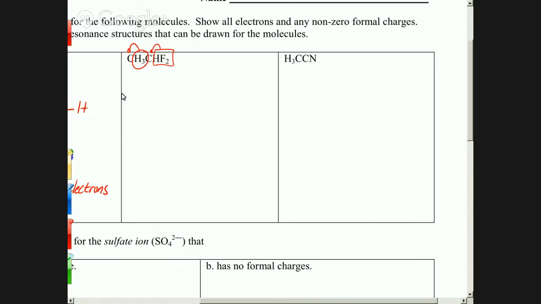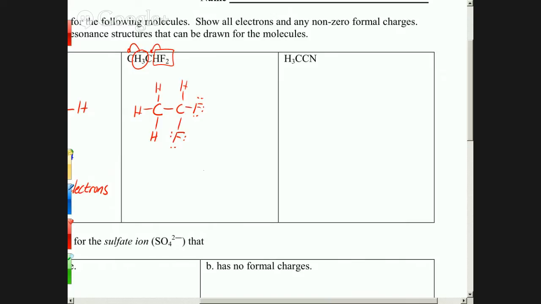So we can use those as shorthands to help us out here and come up with a structure that looks like this. And then if we want to count up all the electrons, we can add those in. So we might have like this, and that's actually the structure for that one. Again, no formal charges here.